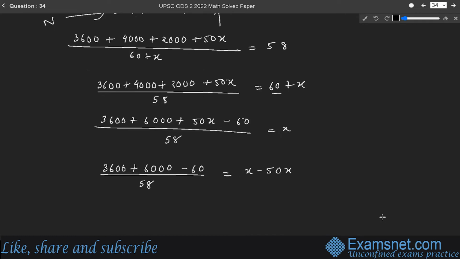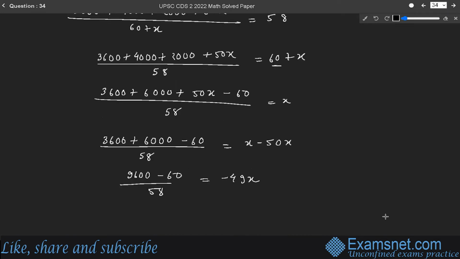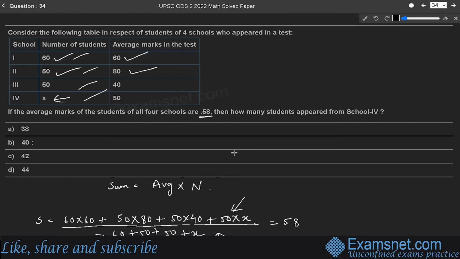On further solving, it will be 9600 minus 60 upon 58 is equal to minus 49x, and on the left hand side also it will be minus. So from here, we can say that x will be equal to 40. On further solving, you will get x is equal to 40. So the correct option here is option B, which is 40.